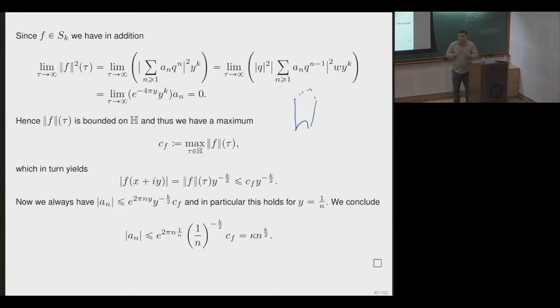I would expect it would be at CM points and so on, but I'm not aware of concrete conjectures about this. But I think the question is natural. I would expect this is a special point in the fundamental domain, giving you this maximum. Of course, you should not take an arbitrary modular form.